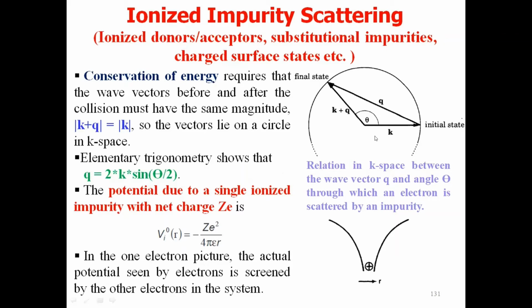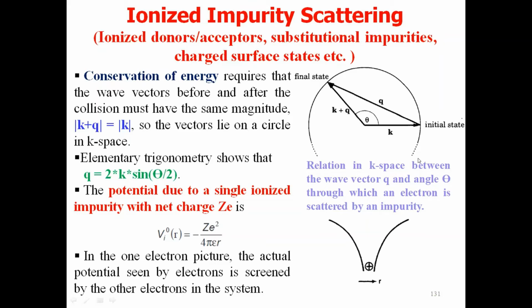So if you say this in the K space, there is an initial direction k, and due to scattering it is scattered at an angle theta, then it becomes the k plus q direction. As it is k plus q direction, for conservation the modulus of k plus q should be equal to modulus of k.